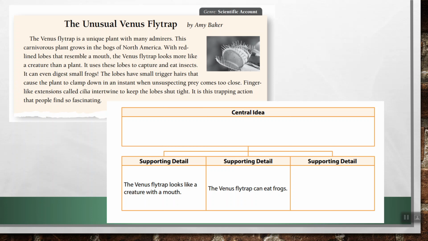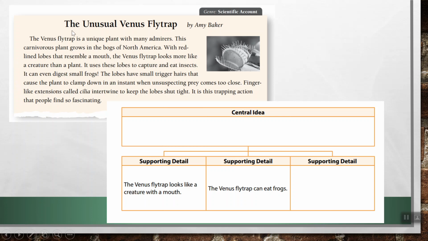I know that the central idea is the most important point an author wants to make. Sometimes it's not directly stated. So I like to start by looking at the title and the first and last sentences to help me see if I can find any clues as to what the central idea might be.